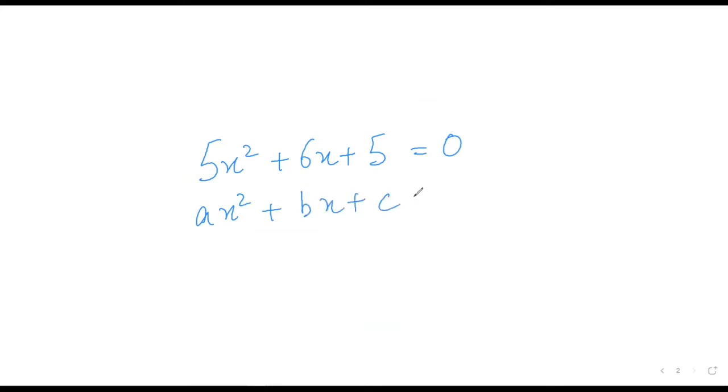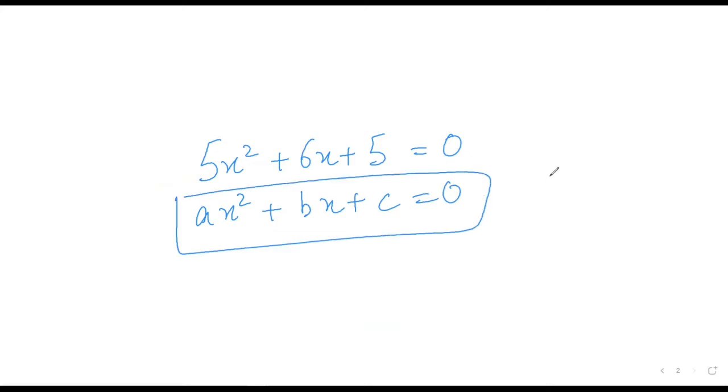Yes, sir. So, let us assume that you have a quadratic equation like this. Now, you will always compare this quadratic equation with the standard form. You can call this the standard format or the general form of a quadratic equation.